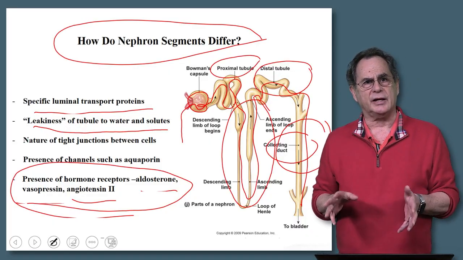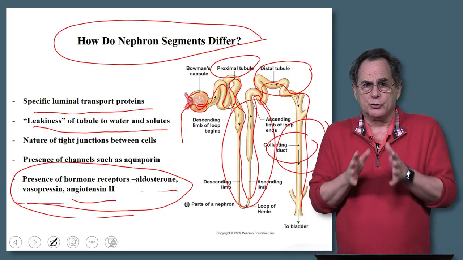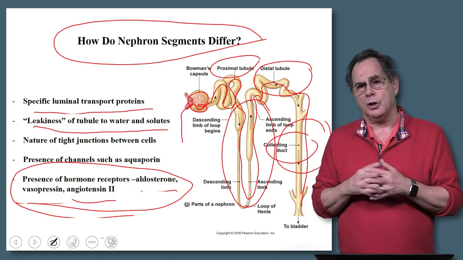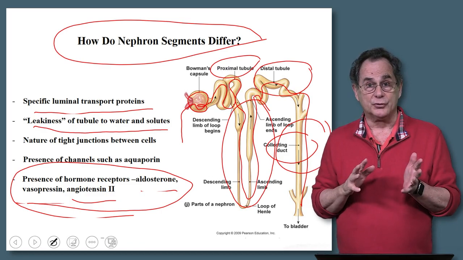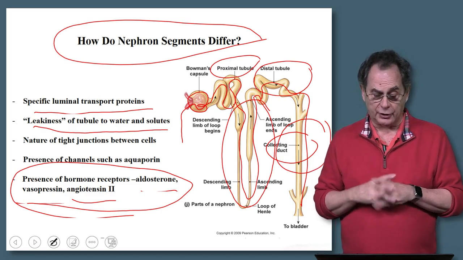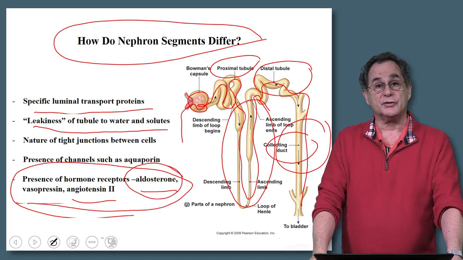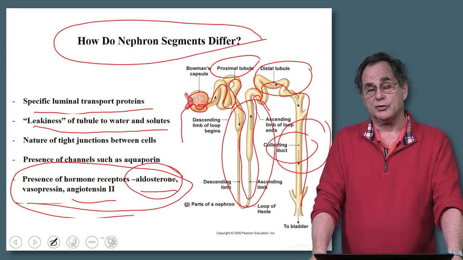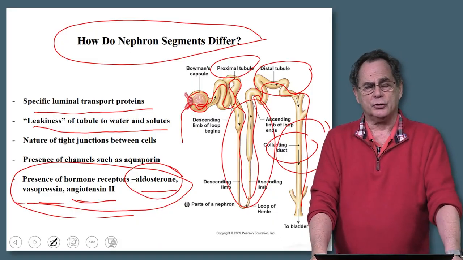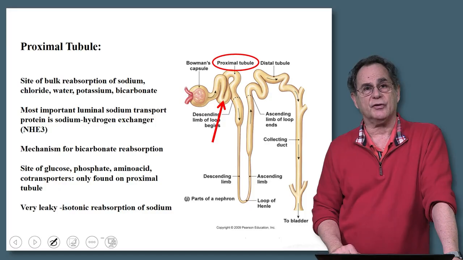Transport proteins, leakiness, tight junction biology, aquaporin channels, location and function, and then the presence of hormone receptors that respond to those ligands and influence the biology. Remembering, of course, aldosterone is a steroid hormone, and has intracellular receptors, and vasopressin and angiotensin II are small peptides that respond to G protein-coupled receptors that are differentially expressed in segments of the nephron.